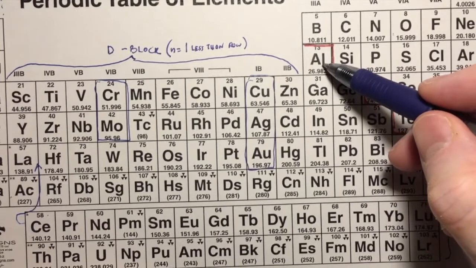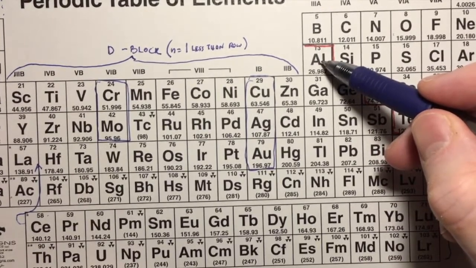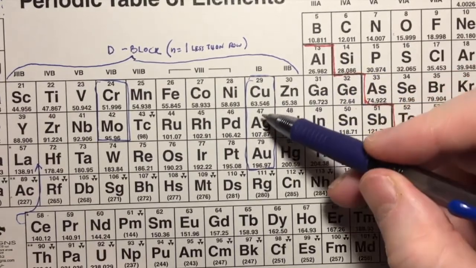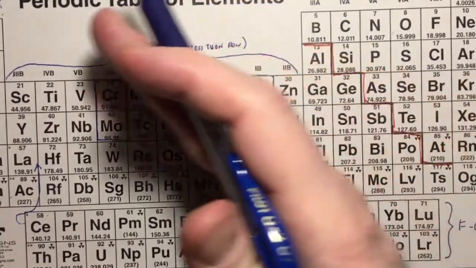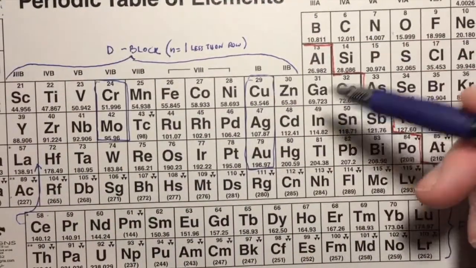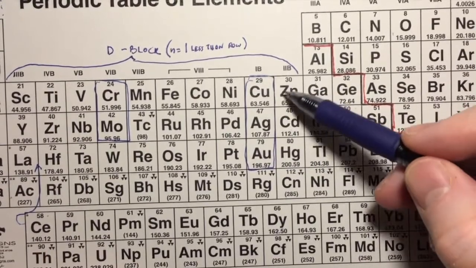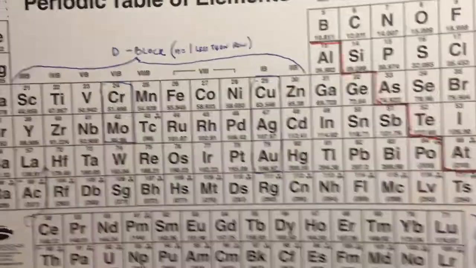And aluminum always forms a 3+ cation. So there's a little bit of an island of predictability out here in the sea of variable charges. All of the rest of these are variable, right? But silver is always a +1, zinc and cadmium are always 2+, and aluminum is always a 3+.